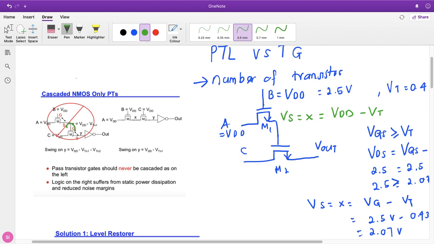And now we already obtained the voltage for this gate. So this gate voltage is examined to identify whether this is on state or off state. Our Vg is 2.07 volt and C is claimed as Vd, 2.5 volt.